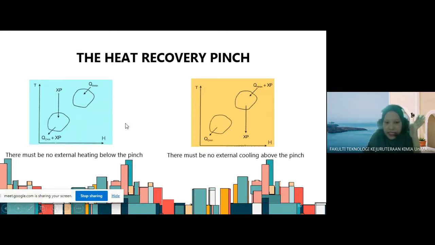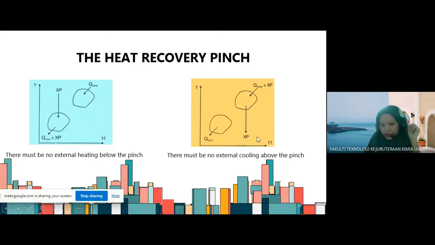Similarly, for maximum energy recovery, there must be no external cooling above the pinch. This is the area above the pinch, and this is our external cooling.